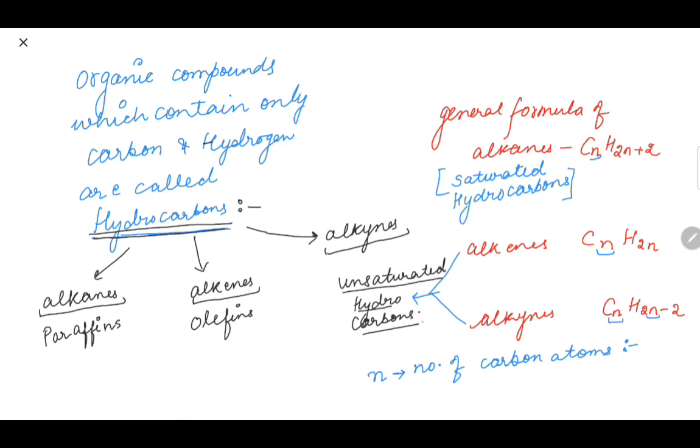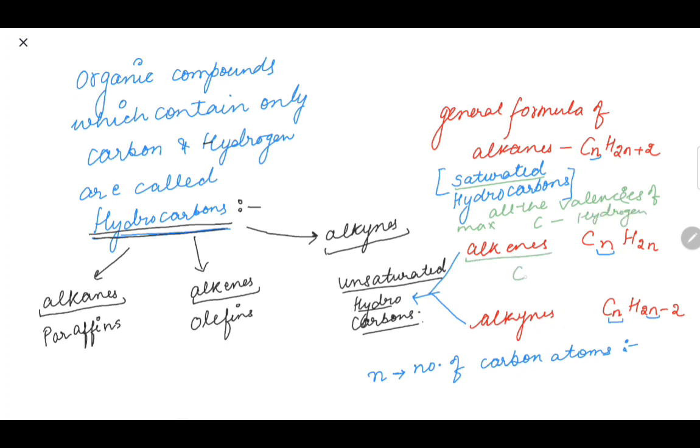Okay. So what do you mean by saturated? Saturated would mean that all the valencies of carbon, or maximum valencies of carbon, are completed by hydrogen. So that is what you mean by saturated.